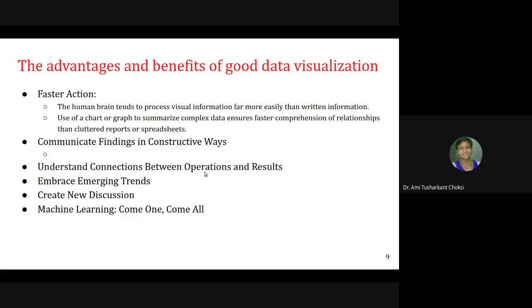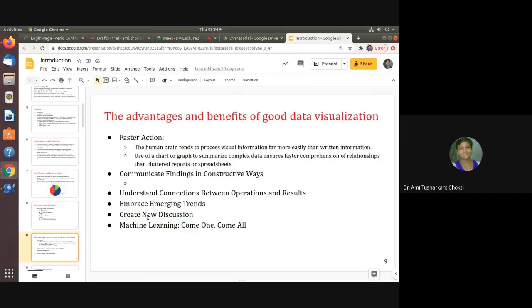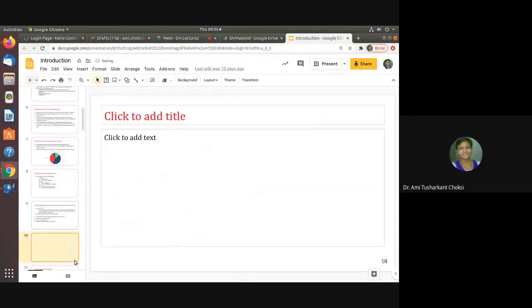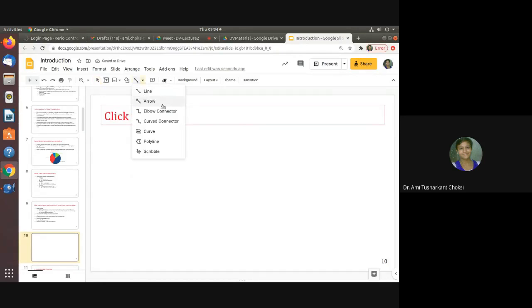Understand connections between operations and results. For example, we do have the line graph. Very simple. Let me show you here.